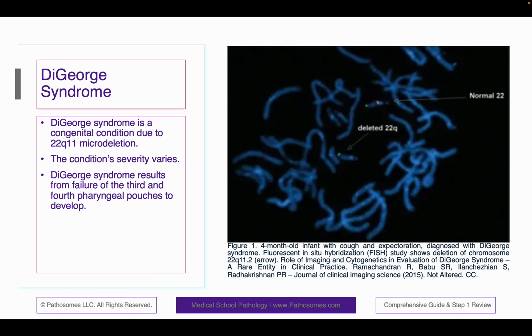Let's talk about DiGeorge syndrome. DiGeorge syndrome is a congenital condition due to 22q11 microdeletion. The condition's severity varies. DiGeorge syndrome results from failure of the third and fourth pharyngeal pouches to develop.